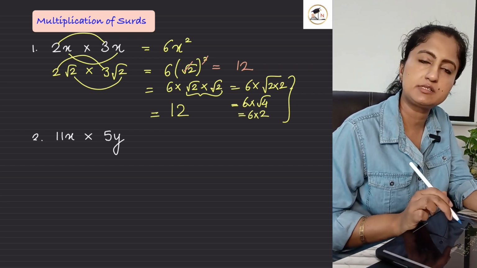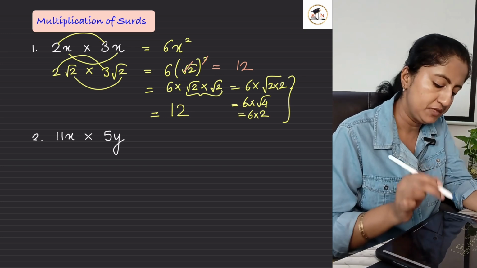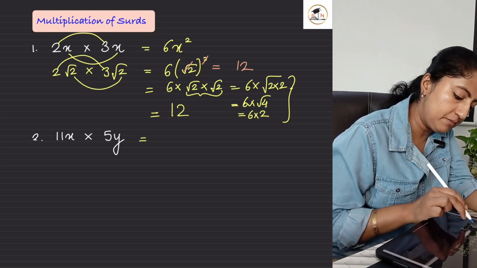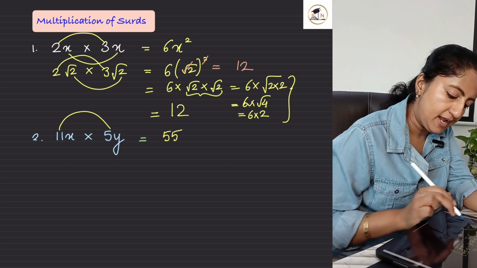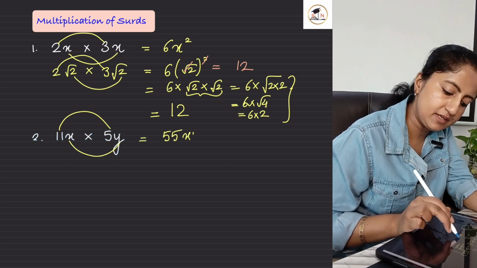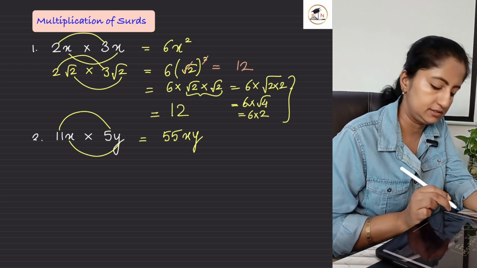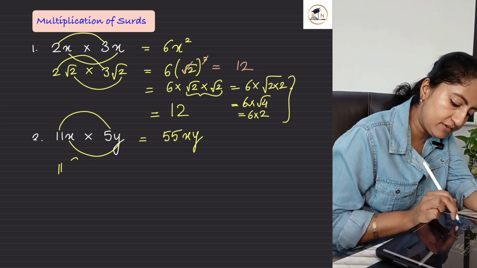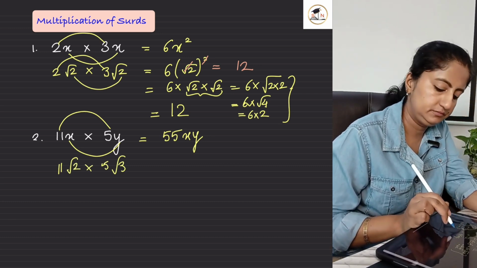These are unlike variables, but multiplication is possible with unlike variables, right? So what do we do here? We will multiply 11 into 5. It becomes 55. And we also multiply x into y. It becomes xy. Now, let's understand with respect to surds. So we have 11 root 2 into 5 root 3.